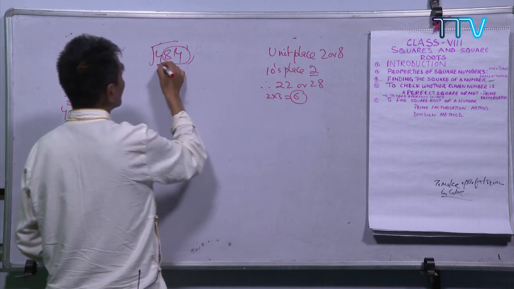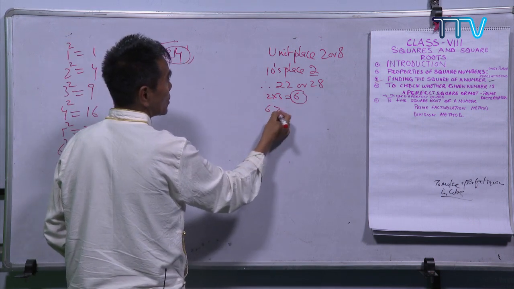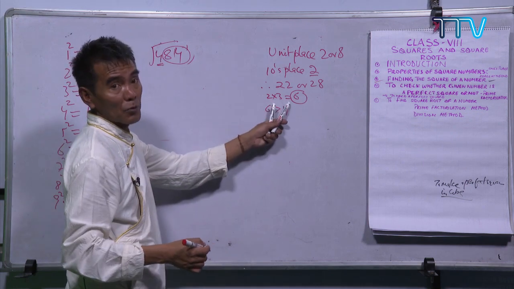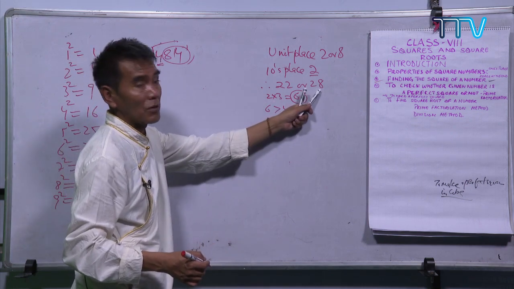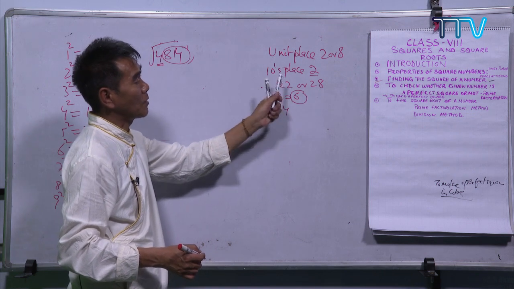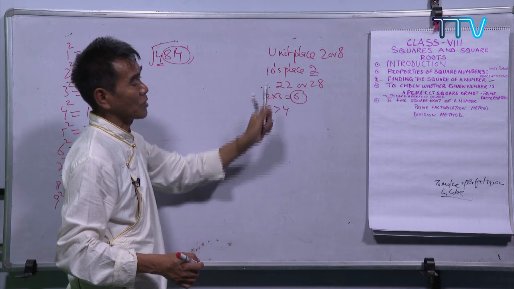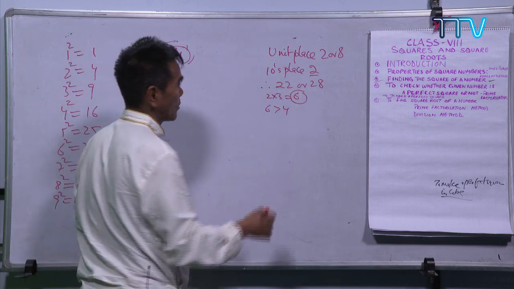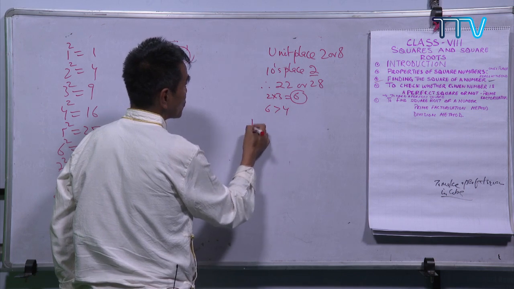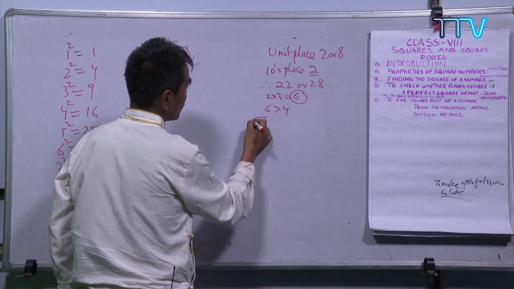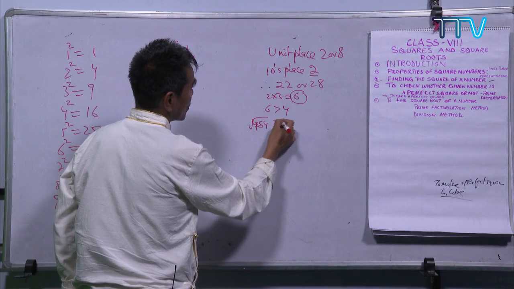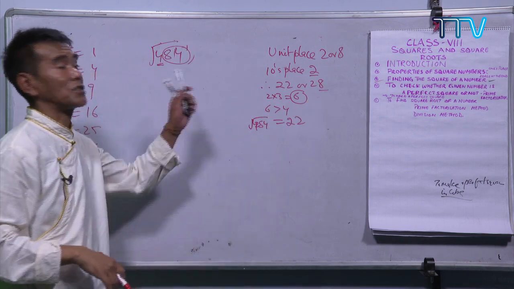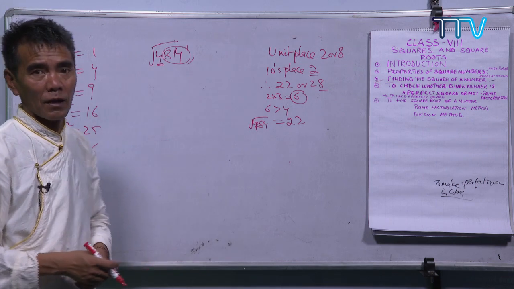This product 6 is greater than 4, so you take the smaller number. Therefore the square root of 484 is 22.